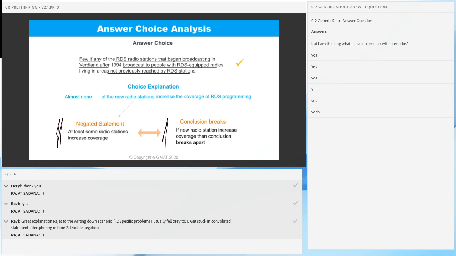Now if you cannot understand those relationships, then even when you read the answer choices, you won't be able to figure out the correct answer anyway. So if you can't think of scenarios, what have you not understood? The logical structure.